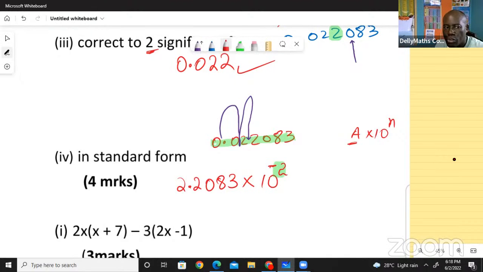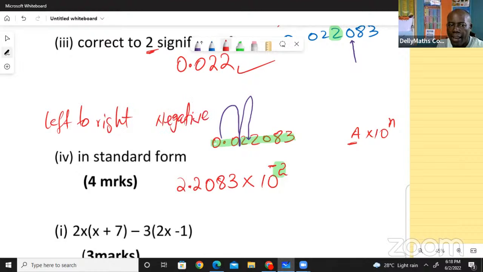Another thing you could use to remember: if you move from left to right, it's going to be a negative power. If you move from right to left, it will be a positive power.